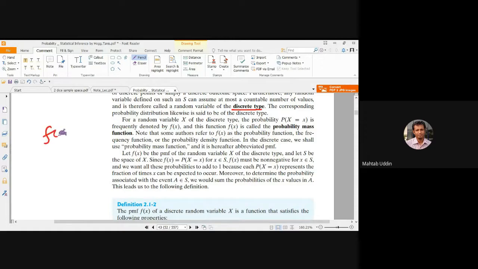Like say f(x) equal to x cubed by 3. This is the probability of a random variable. If you put the values of x, you'll get the corresponding probabilities. So you can see the event is not given, but a function is given which defines how we can find the probabilities. Can you see any event there? I think no.